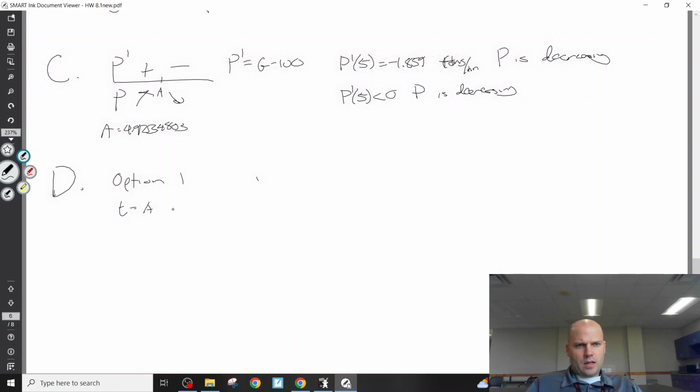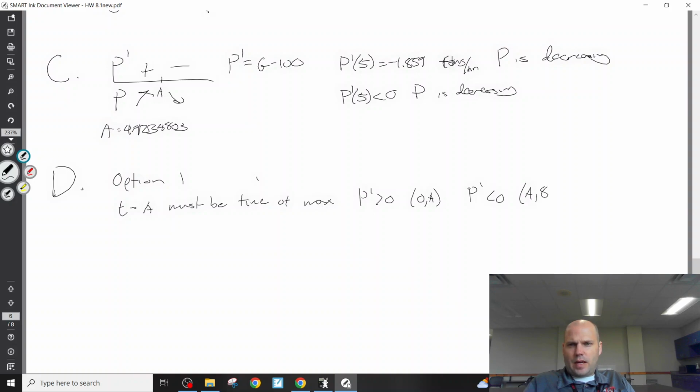T equals A must be the time of a max because P prime is positive from 0 to A. P prime is negative from A to 8. But now I have to find P of A. It's equal to P of 0, which was 500, plus the integral from 0 to A of P prime.